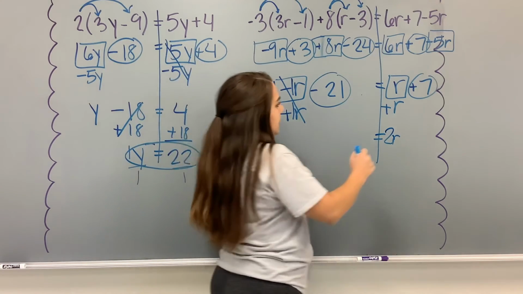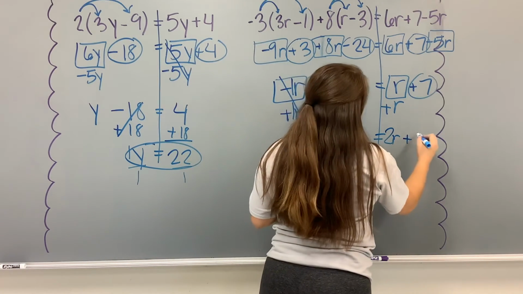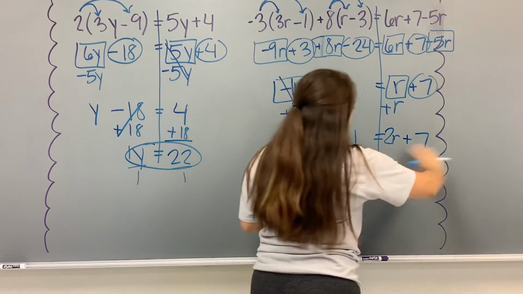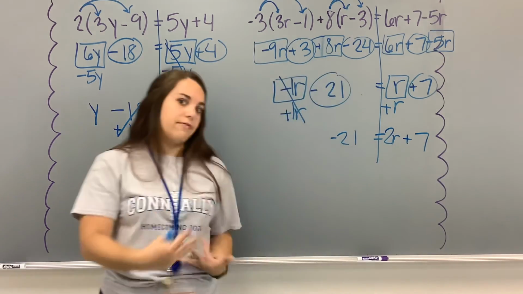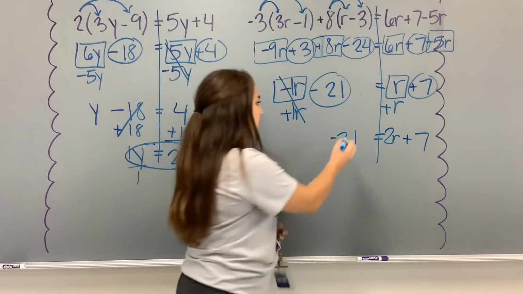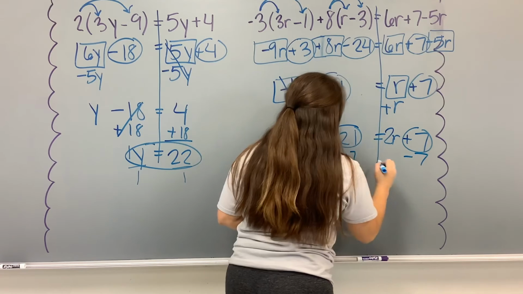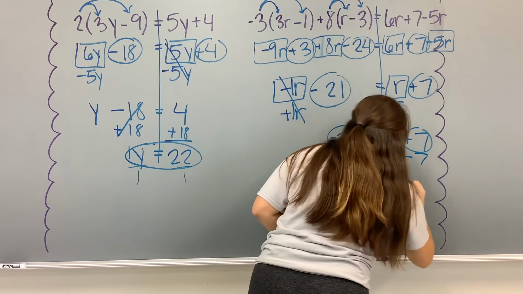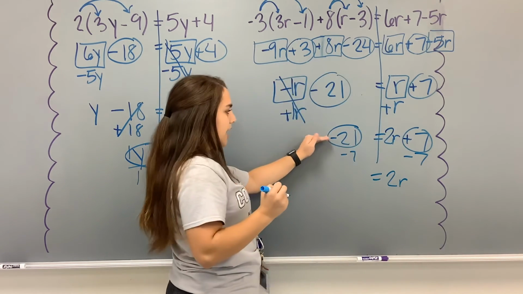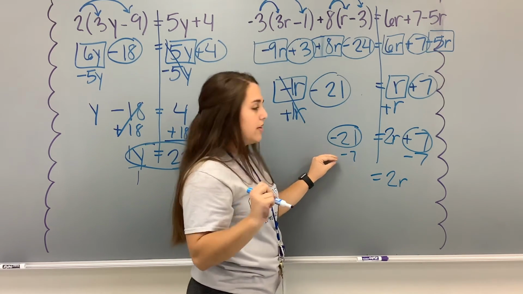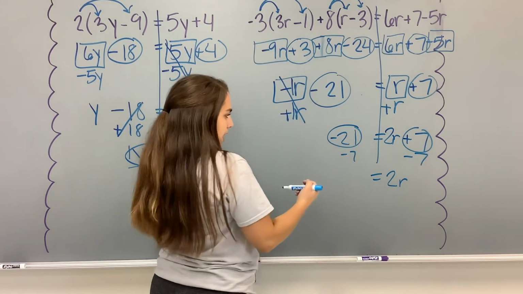All right, now let's just rewrite the rest of our equation. So I have a -21 here. So now I have an even simplified version of the equation that I'm still working with. These right here are like terms. I'm going to subtract 7 from both sides. I am left with 2r on this side. Negative 21 minus 7. Please put this in your calculator if you cannot figure this out in your head.